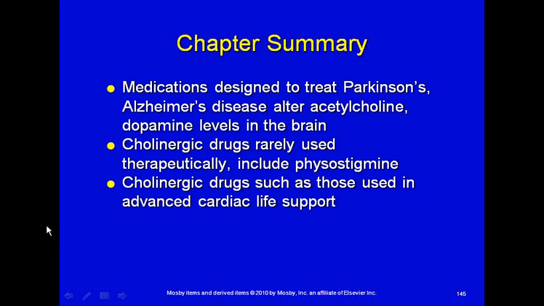We didn't mention physostigmine, but that is a cholinergic drug. If we had an anticholinergic overdose or an anticholinergic toxidrome, if somebody did overdose on their anticholinergic, then the treatment for that is physostigmine.